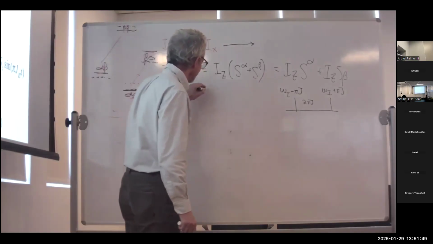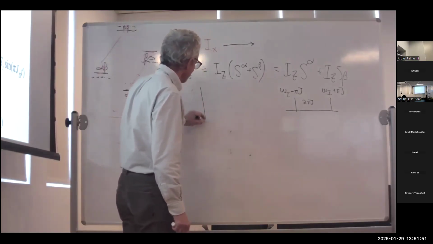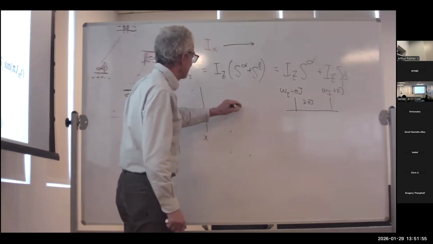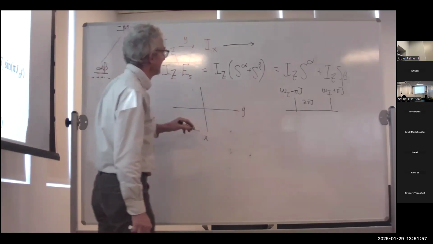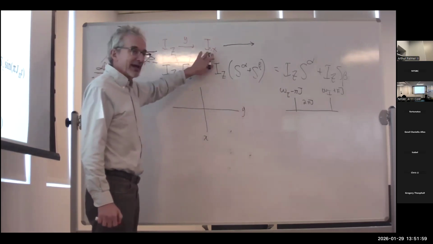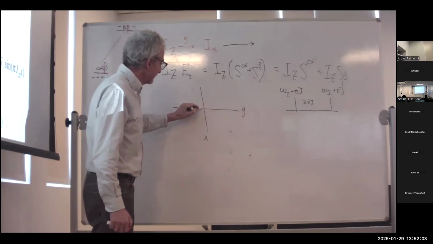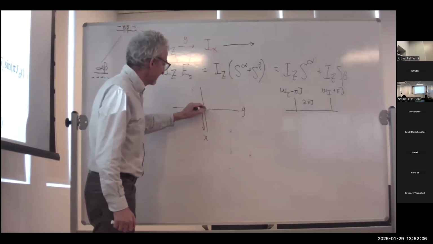So here, if I look down from the top, here's X, here's Y. I started with magnetization on the X-axis, but now I know there's two pieces of it.